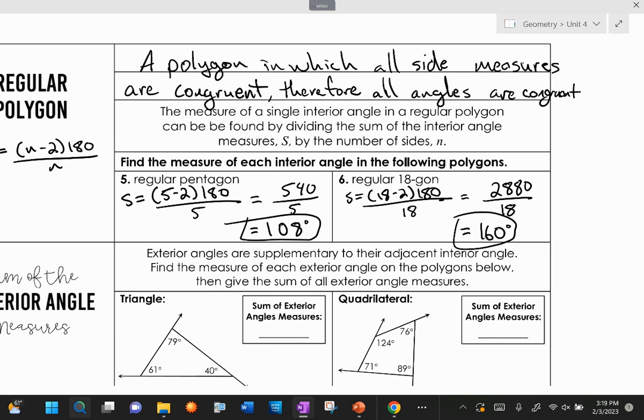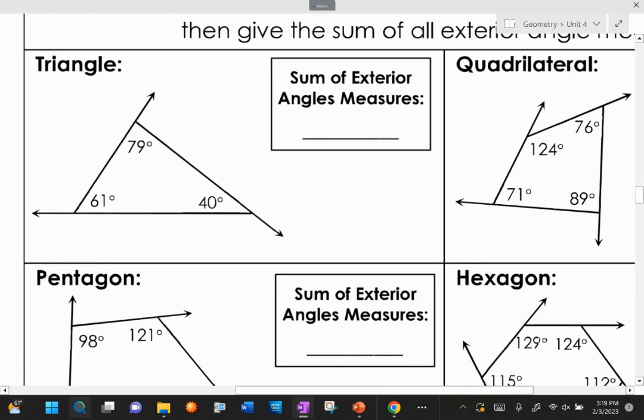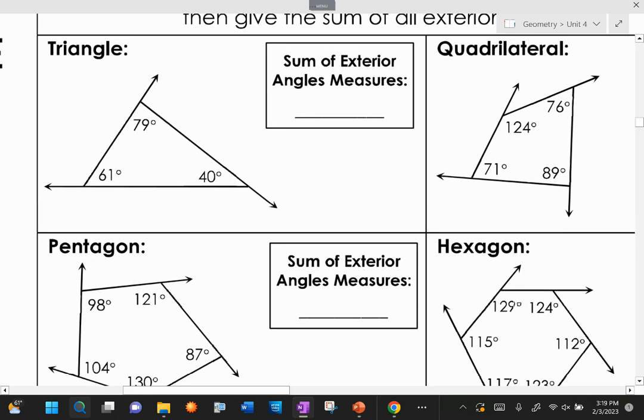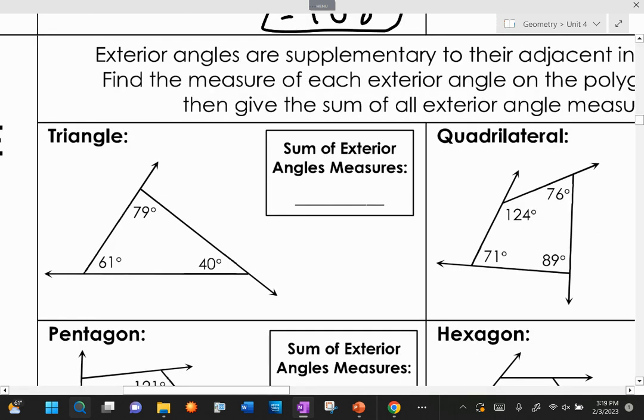Okay, so let's talk about this first one, and then I'm going to let you work at your own pace through the quadrilateral, pentagon, and hexagon. So you're looking for the sum of the exterior angles. The sum of the exterior angles should measure out to be what?